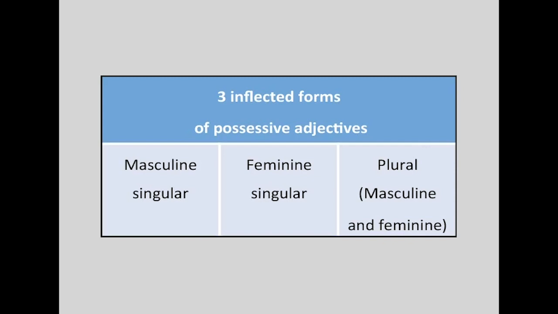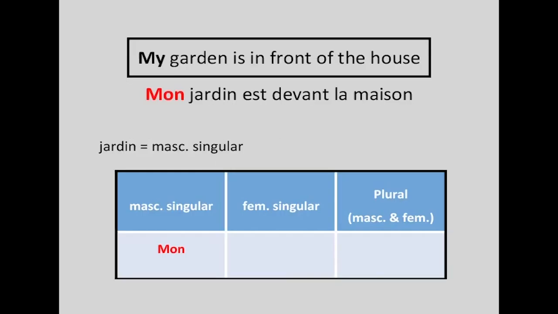Let me illustrate each inflected form with an example. To simplify things, we'll consider only the possessive adjective my that is associated with the singular form of the first person. Let's begin with the masculine singular form. My garden is in front of the house.